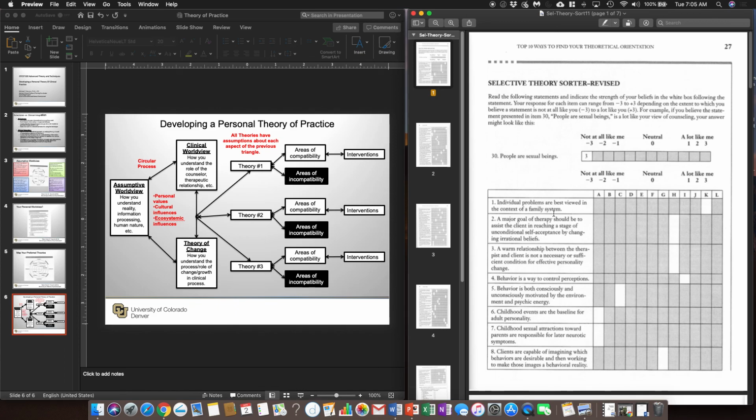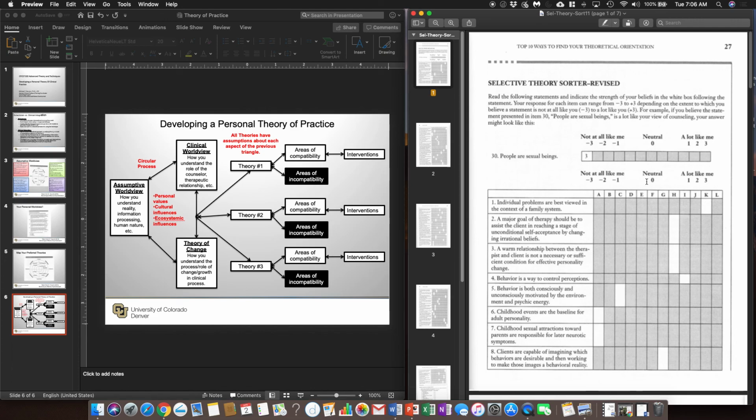And what it does is ask you a series of 60 questions. And if you look at the first one, individual problems are best viewed in the context of a family system. And so you may either really strongly agree, and my PhD is in marriage and family therapy, so I would pretty strongly agree with that. So I would put a 3 in this open white box, but you may be completely opposed to that. And so you might put a -3 in that box.